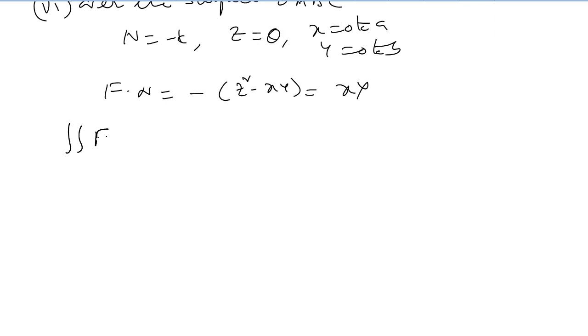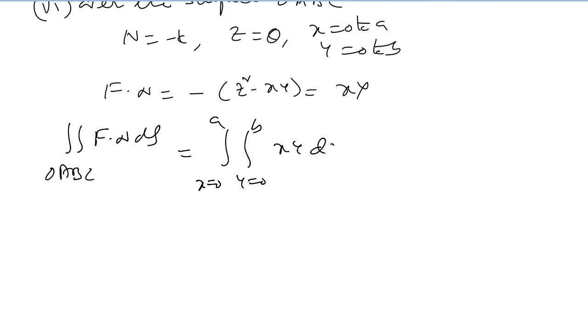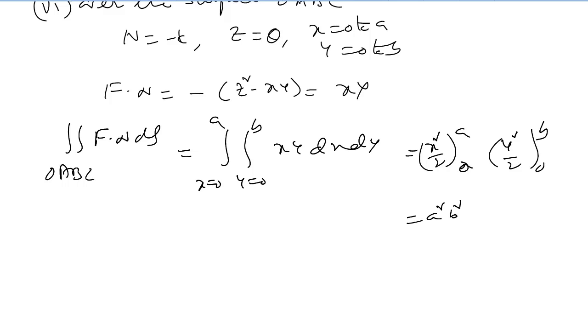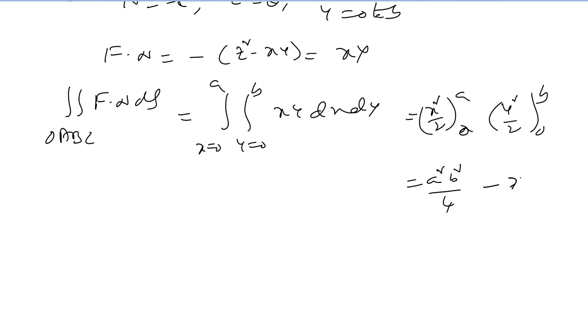Double integral of f dot n ds over the surface OABC equals integral of xy dx dy, x is 0 to a, y is 0 to b. Both are separate, independent variables. Simply x square by 2 from 0 to a, y square by 2 from 0 to b. Finally a square b square by 4. So now this is the seventh integral.